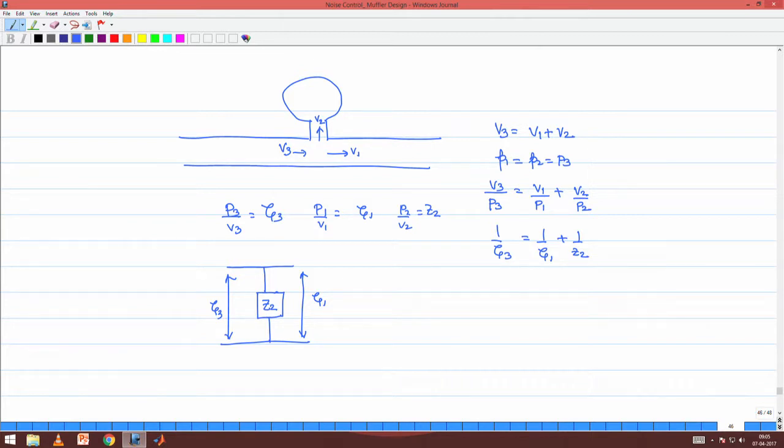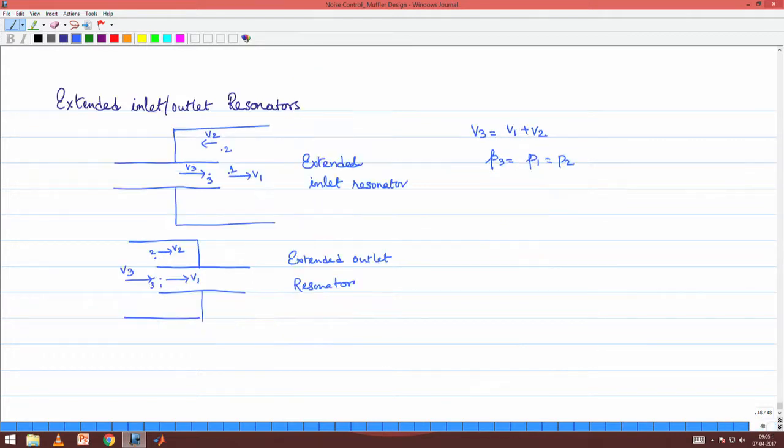But the point to note is that this condition that the velocity bifurcates into two parts V1 and V2, whereas the pressure remains the same, is exactly obtained in this situation also, which is something which you would see in practice.